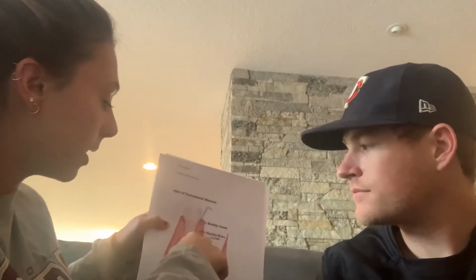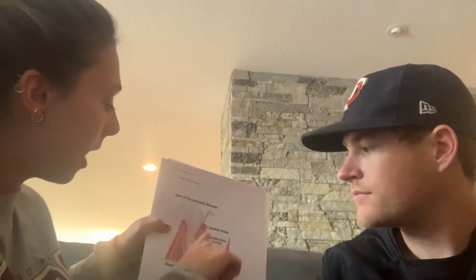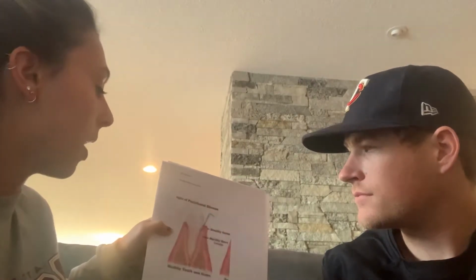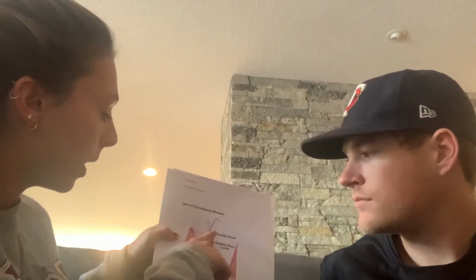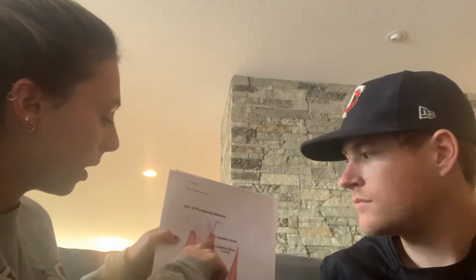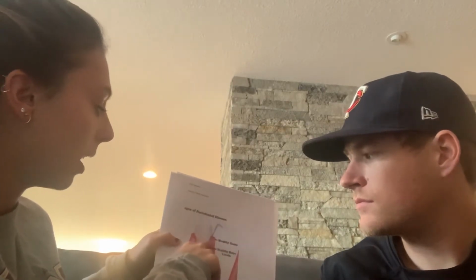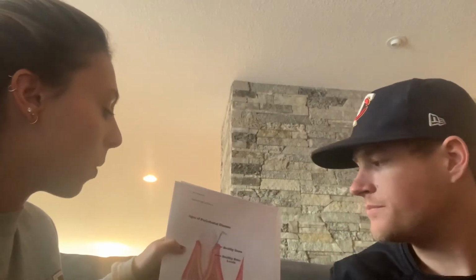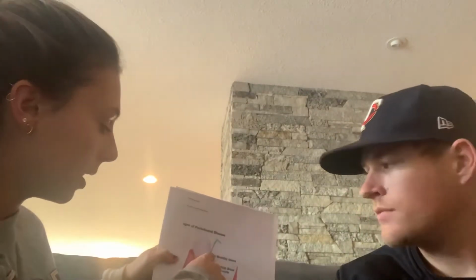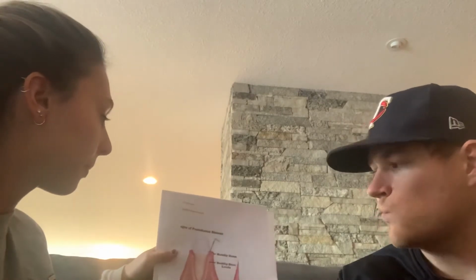The gums are nice and pink and tight to the tooth. And this here is what we call a periodontal probe. It's basically like a little measuring tape, and we put it in the area between your tooth and your gum down to the base of what we call the pocket here. A healthy range that we like to see is between 1 and 3 millimeters. As you can see here, we're right at about 3.